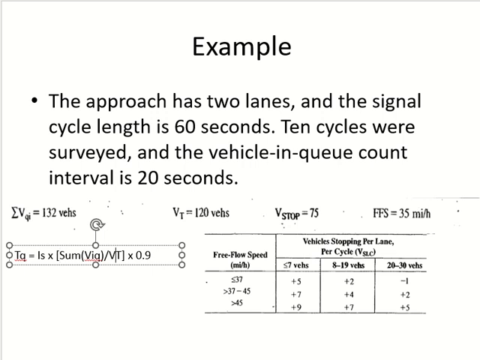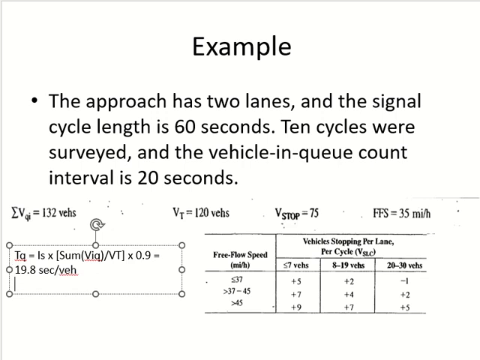How much is this? The units are seconds per vehicle. These equations give you average delay per vehicle. So units are always seconds per vehicle.